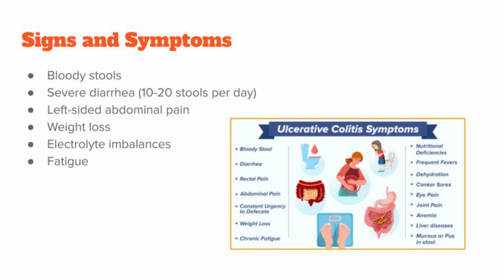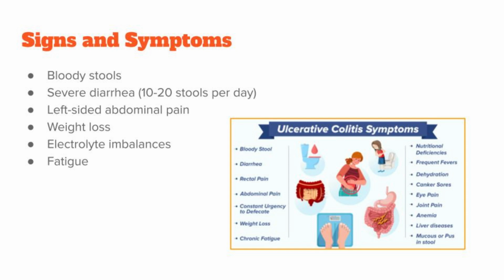So next, the main sign and symptom for ulcerative colitis are bloody stools, and that's because in this disease there are really bloody ulcers in the intestines, and that just causes the stools to get blood in them. And people with this disorder actually also have like 10 to 20 stools per day, which is classified as severe diarrhea.